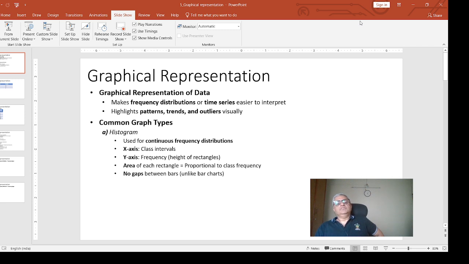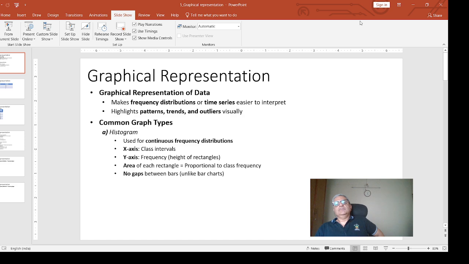So what is graphical representation of data? Basically it makes a frequency distribution or time series easier to interpret. We all know that whatever your eyes can pick up graphically, it's very difficult to understand through numbers.